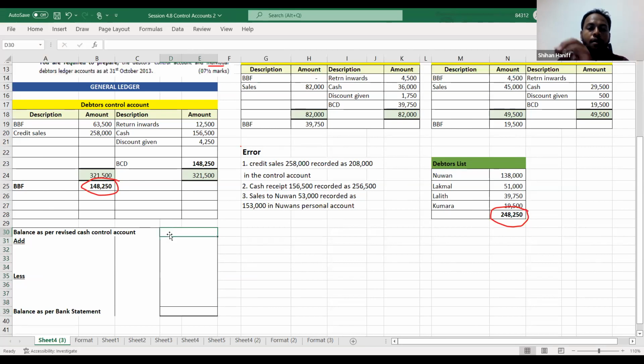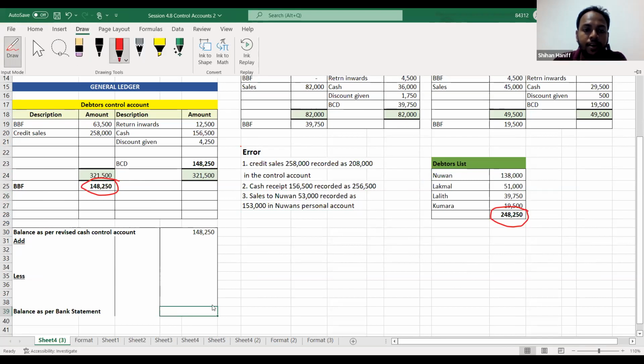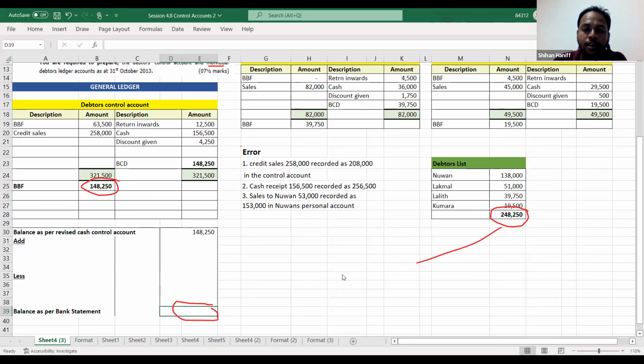Now, balance as per the control account is this 148,250. So the error is Nuan's personal account increased by 100,000 sales. So the debtors list balance, the answer here should be 248,250.